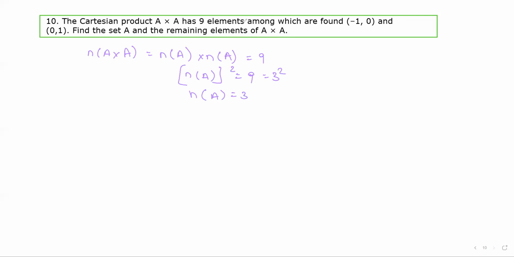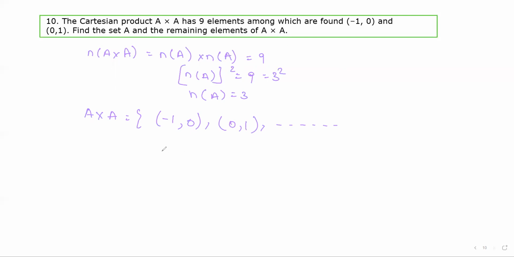The Cartesian product has 9 elements, among which are found these two. A cross A is a set and 2 of its elements are these two. Out of 9 elements, 2 elements are known to you. What are you supposed to do?